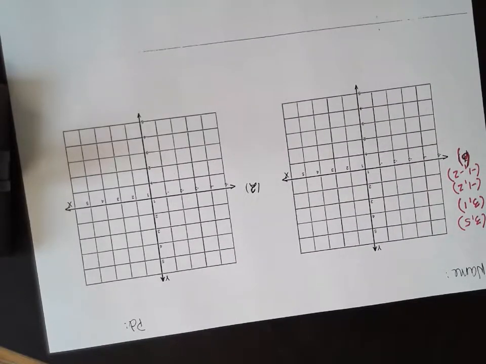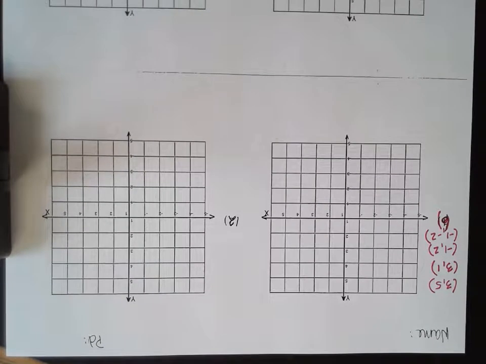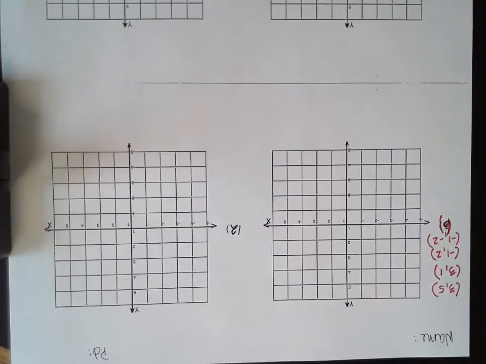Now the first step I'm going to want to do is plot my points. Take a look at the graph. What do you notice about the graph? Look at the origin. It starts at 1. Isn't this weird? I downloaded these off the internet.